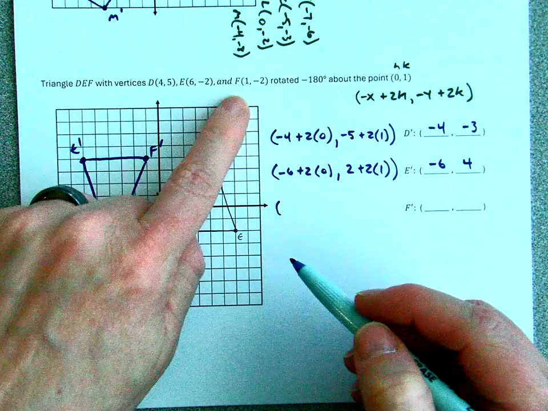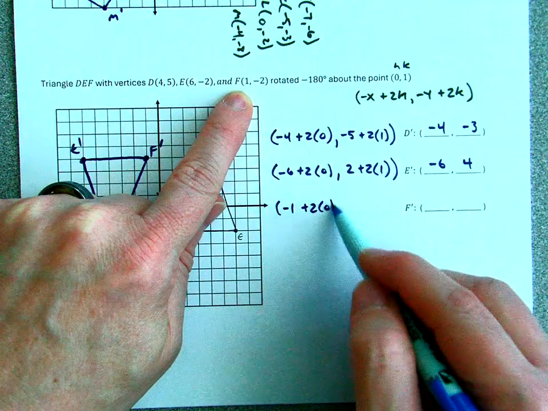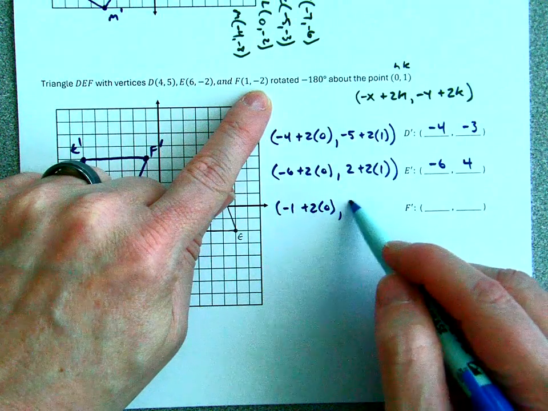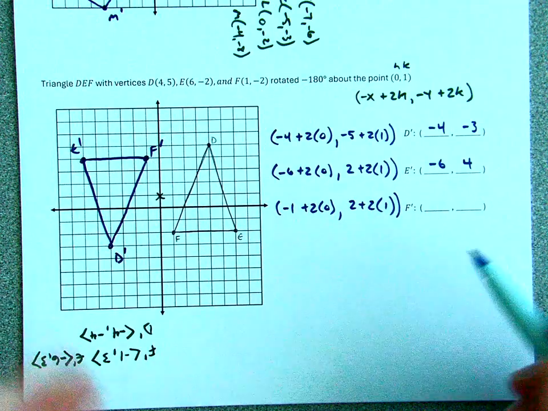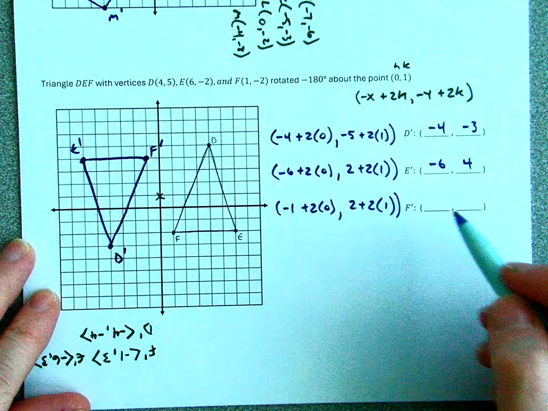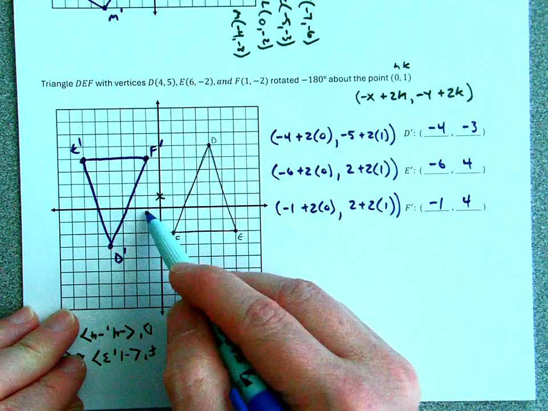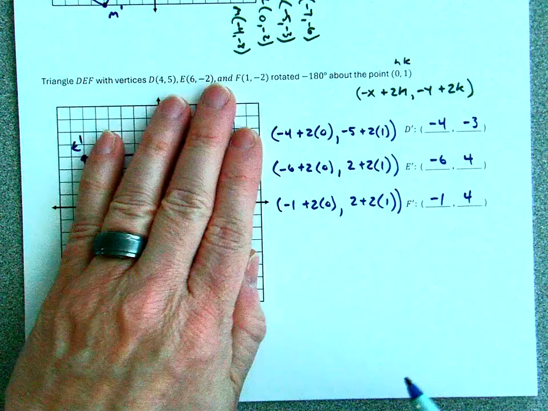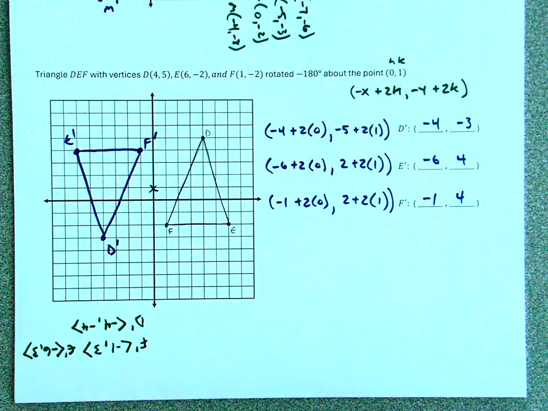And then doing this last point, change the sign. 2 times the H value. Change the sign. 2 times the Y value. So 0 plus -1, 2 plus 2. -1, 4, looks good. -6, 4, looks good. Didn't even really need these. I can just use this mapping to get to my new point, if that's what I would like to do.